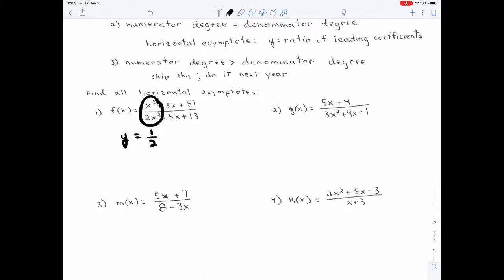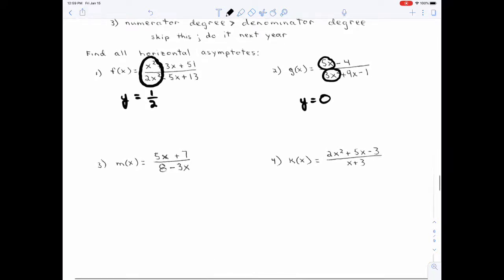In this case, the denominator doesn't factor, so we're not going to be able to simplify it. And since the degree of the numerator is less than the degree of the denominator, it's just y equals 0. You just have that memorized. Number 3, nothing factors and cancels.